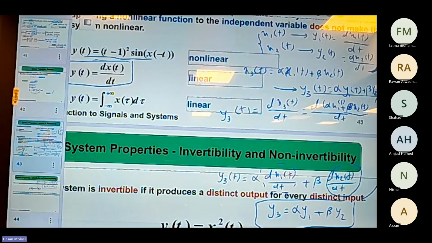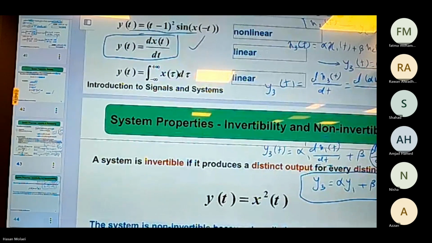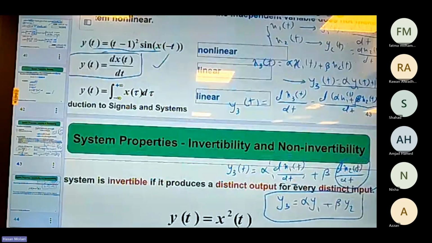So this is linear. How about the integral? It should be linear. If we write the exact procedure, we will find that it is linear.